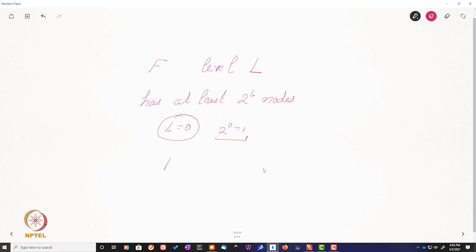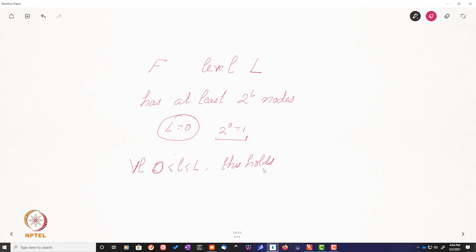Let us assume that this holds for all levels between 0 and L. So let us now consider level L plus 1.